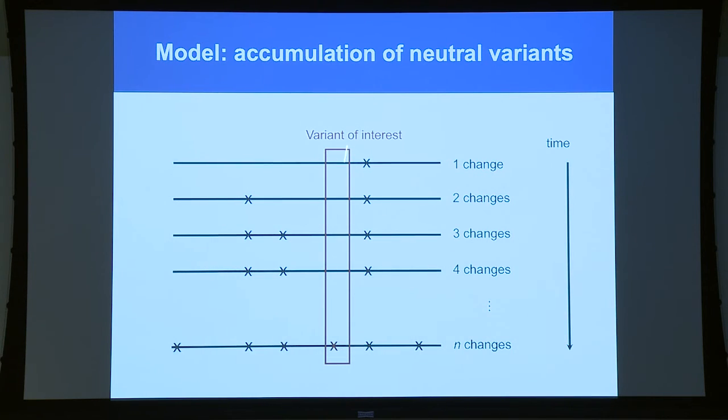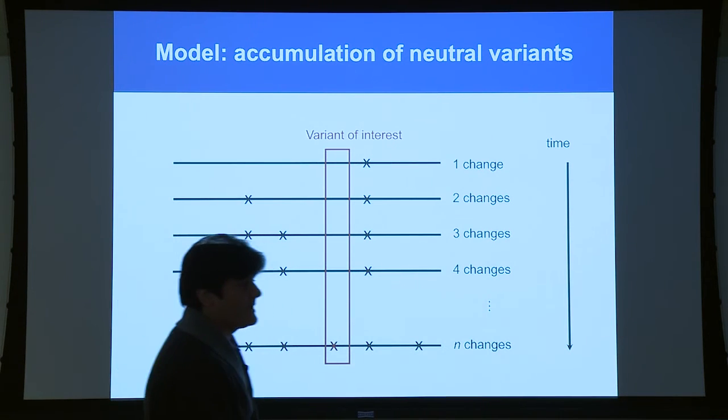The first thing we did, we developed very simple, straightforward models. So say you have a variant of interest, and say in the beginning that this variant is completely neutral. The question is, how far shall I go in the phylogeny to find this variant in another species, right? So I go down the phylogenetic tree, I go to apes and monkeys and then mammals and vertebrates and so forth.